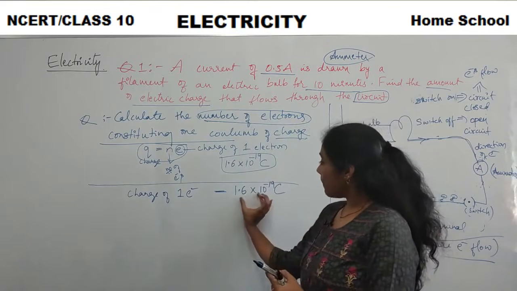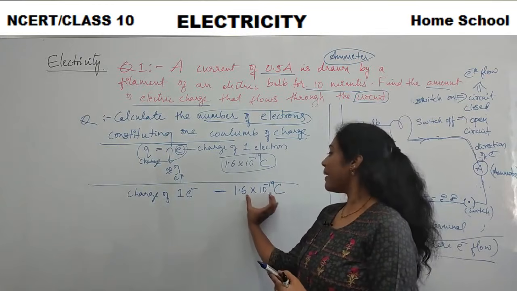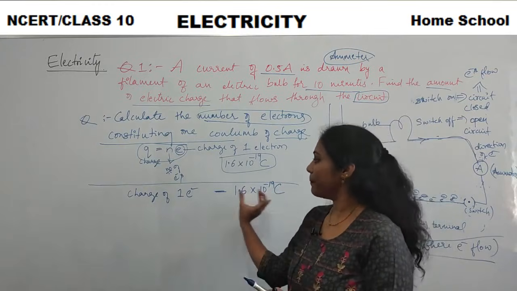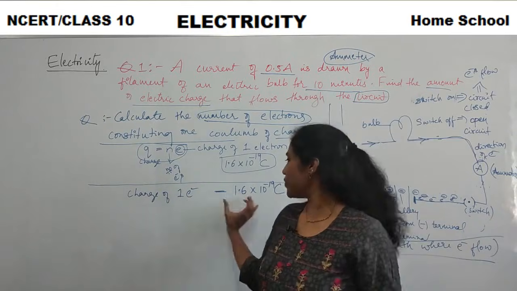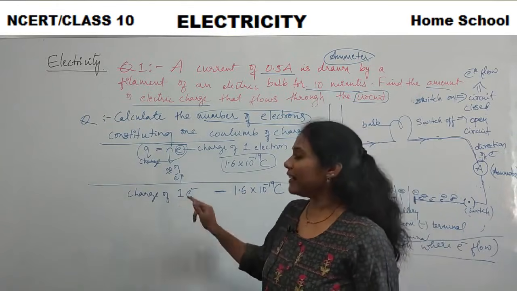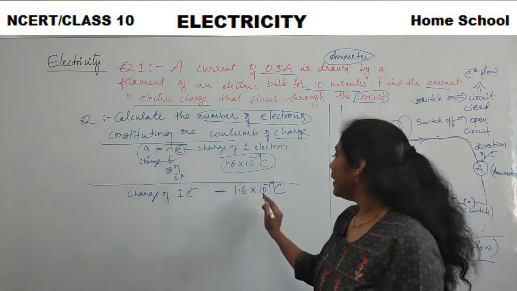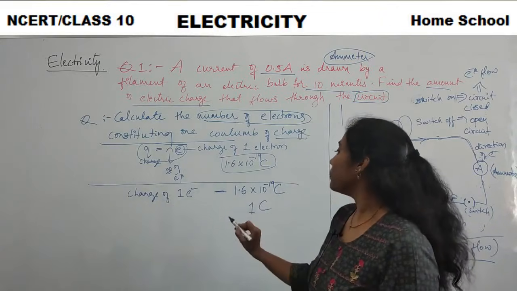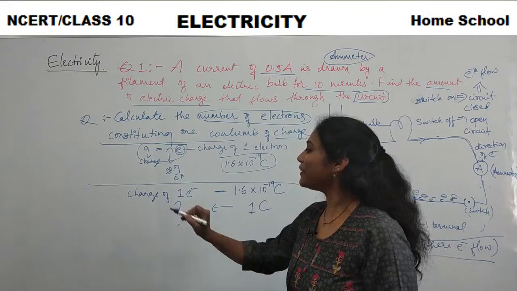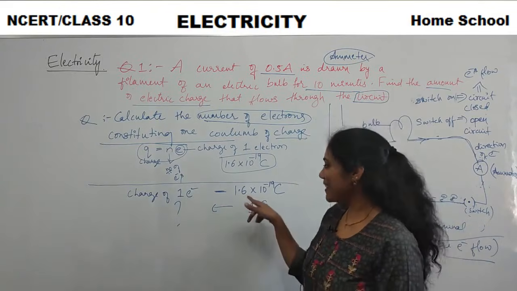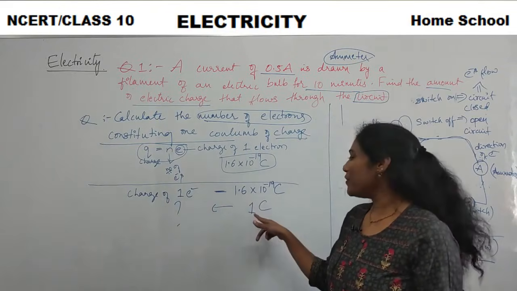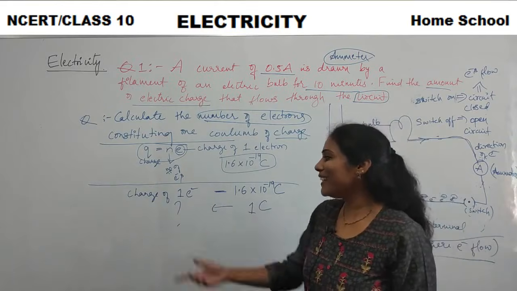So this much coulomb means 1 electron. This is the charge of 1 electron. And now 1 coulomb means how many electrons? 1 electron means this much coulomb of charge. So 1 coulomb of charge means how many electrons?